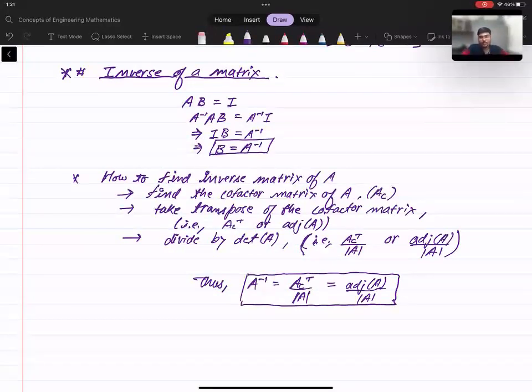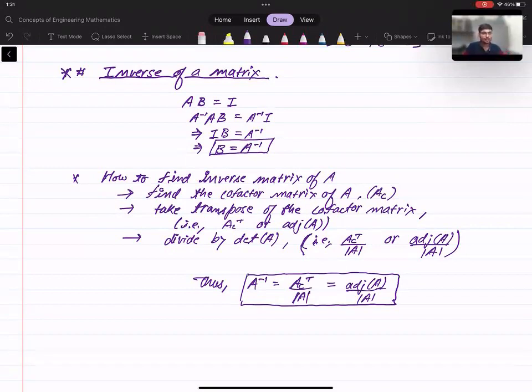So we will work out an example, but let us see the method to solve simultaneous equations also, so that both the things will be covered in a single problem. Simultaneous equations as well as finding the inverse.